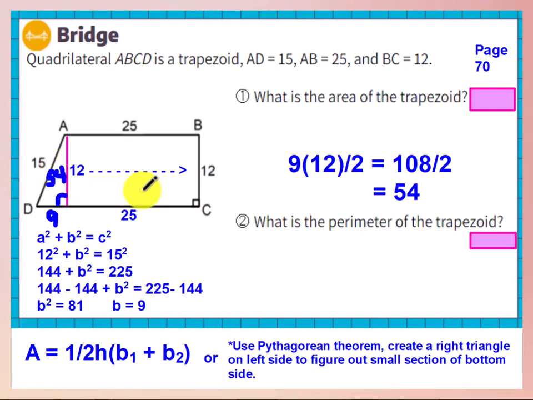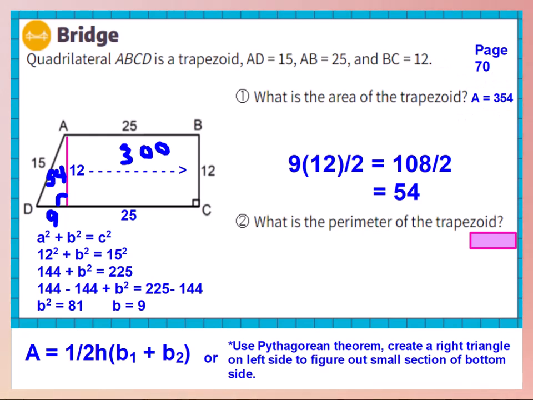And what did we say the area of this rectangle is? What's 25 times 12? Length times width. 25 times 12 is 300. So we simply add 300 plus 54 to get 354.